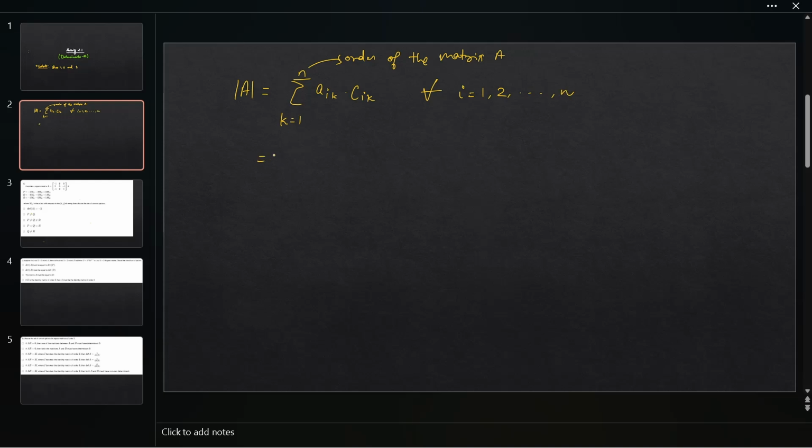That means I can pick any particular row. For example, if I take i equal to 1, I pick the first row and expand my determinant along the first row.